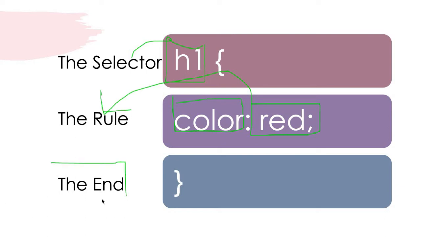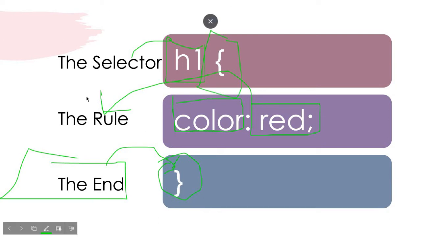Then this is the end, which is basically this ending curly brace which starts over here. So this is how to define a CSS rule set. Okay, and we're going to discuss rule sets later.